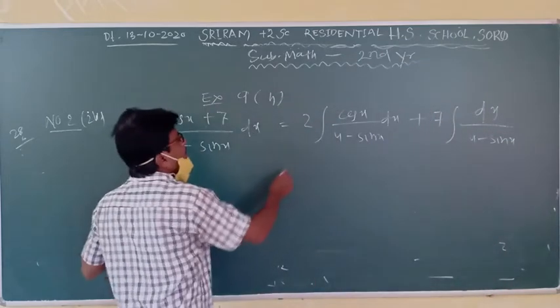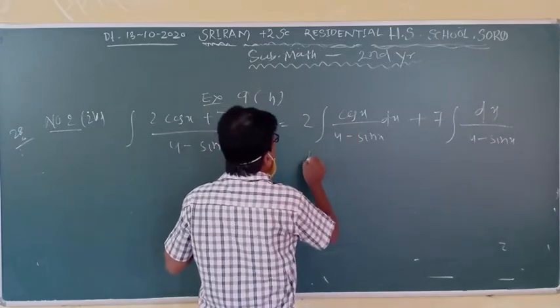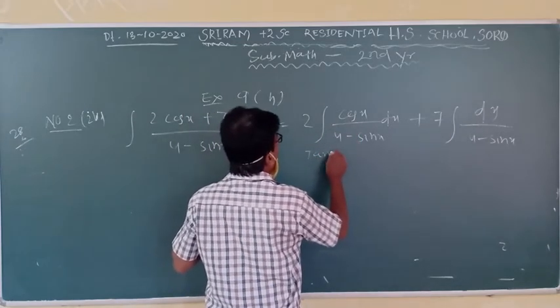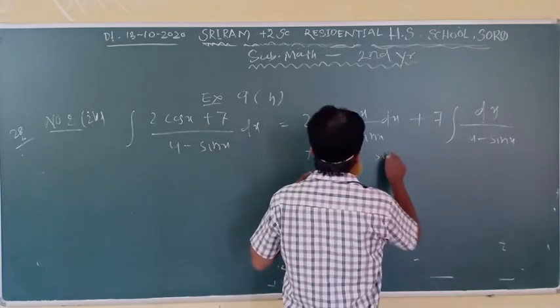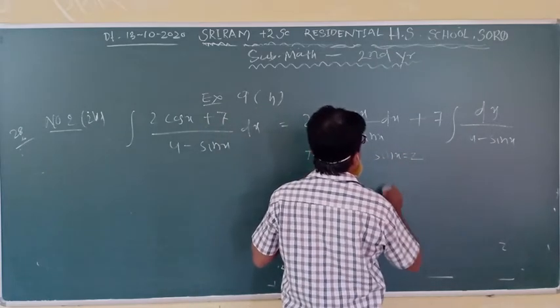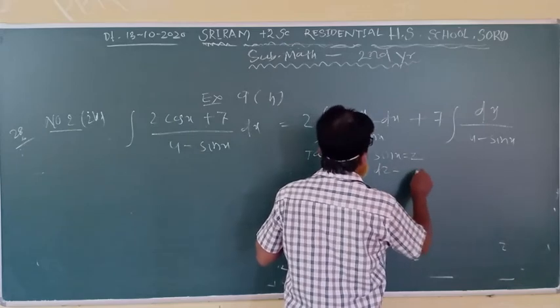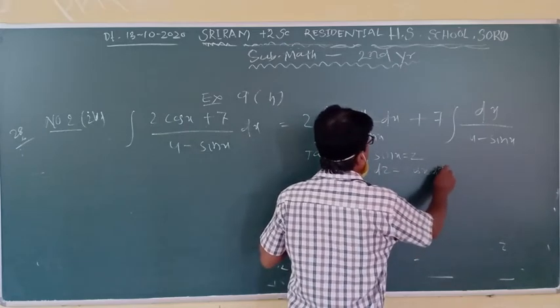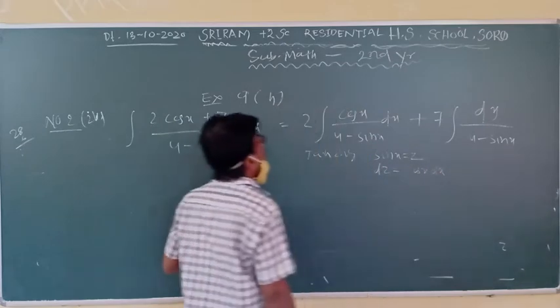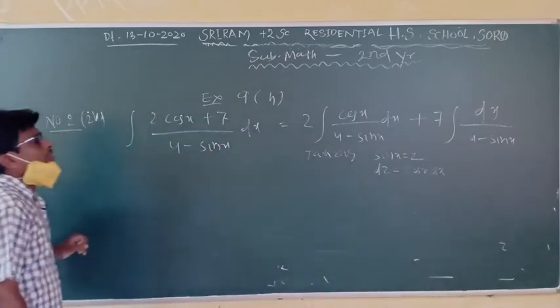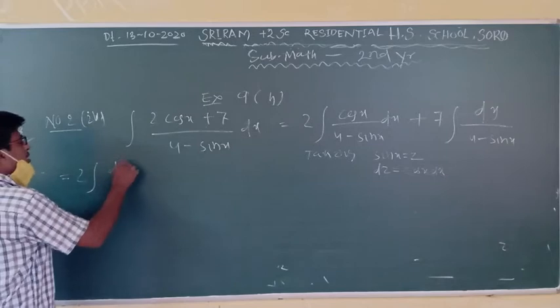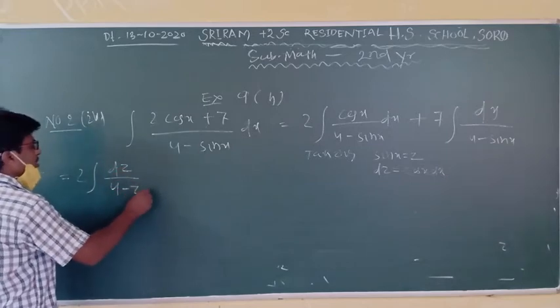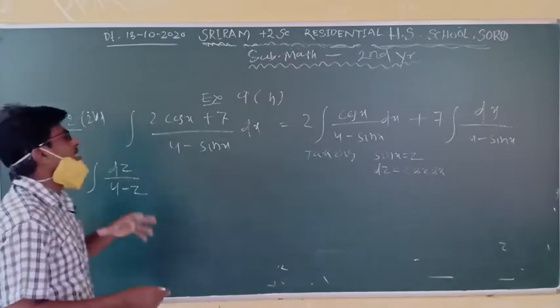In the first integration, taking sin x is equal to z, so dz is equal to cos x dx. You know it very well. That becomes 2 dz by 4 minus z, which is a very easy process to integrate.